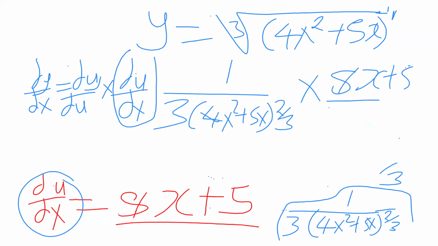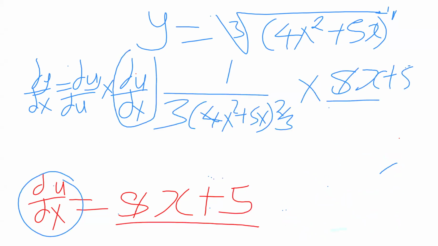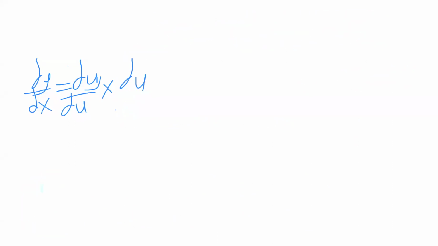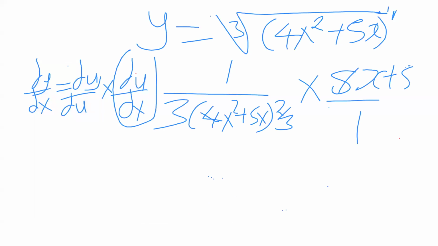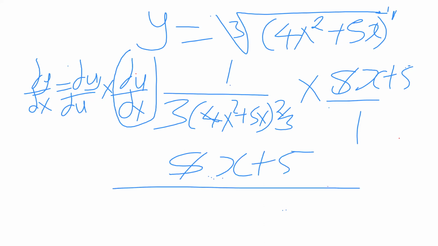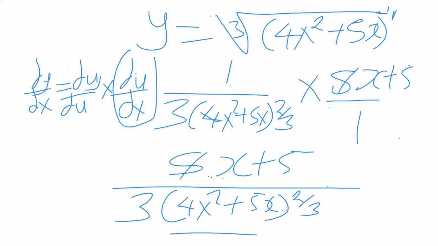So basically, it's just to replace, okay? Nothing much to be done but just the replacement into the formula. You can do the multiplications, and you'll find that it gives you 8x plus 5 on top, over 3, open the bracket, 4x squared plus 5x, to the power 2 over 3, like that. And you're done. Simple.